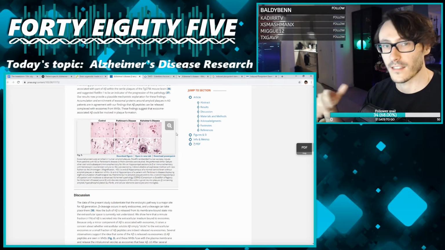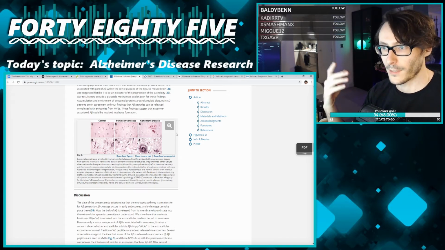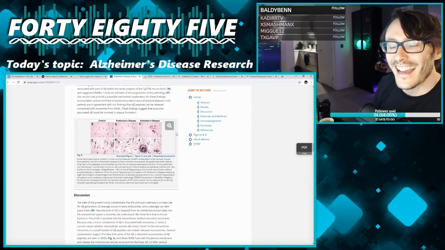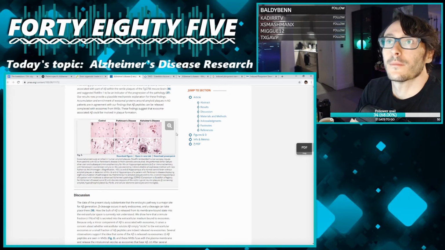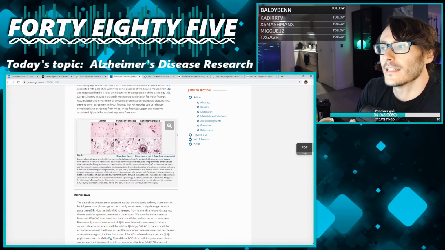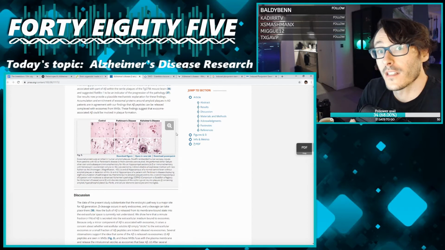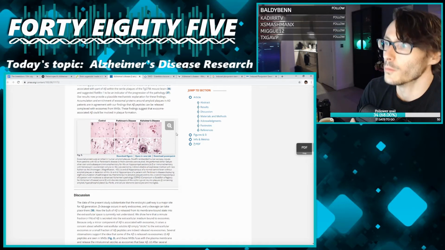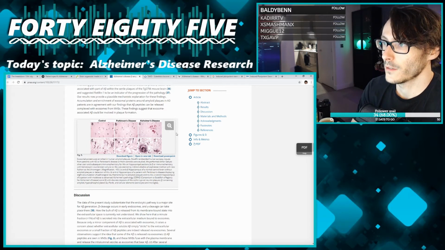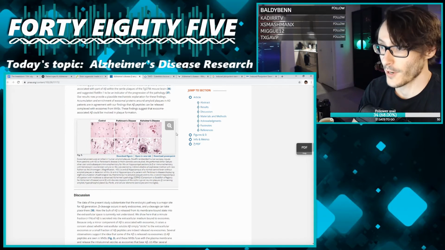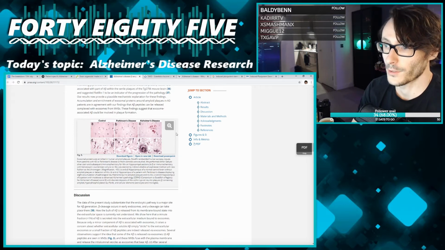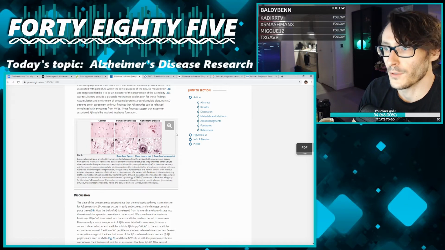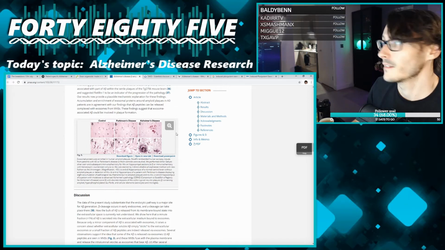It's kind of like a cycle, and it's all kept in equilibrium. Words are difficult. And when this equilibrium breaks down for some reason, you get aggregation of certain proteins, but not others. And these aggregations can inhibit the normal functions of whatever that tissue is supposed to do. So in the brain tissue, obviously, aggregates can cause disruption of neuronal signaling, which can in turn lead to things like cognitive decline.